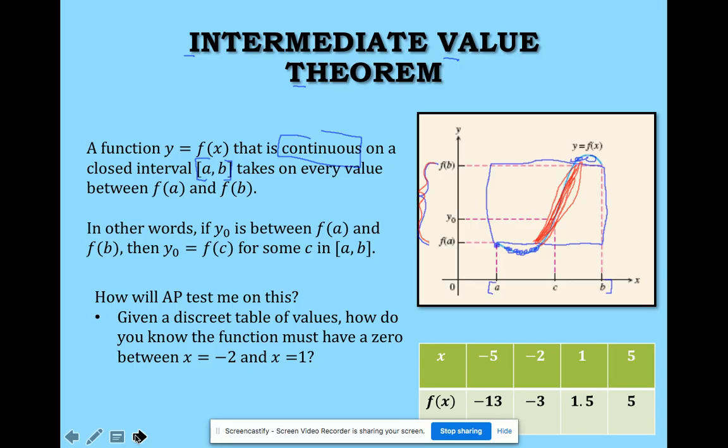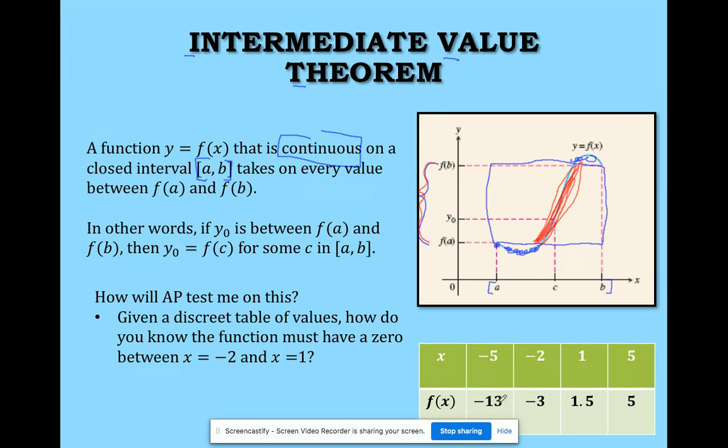So how will AP test me on this? They will never ask you for the formal intermediate value theorem. But they might give you, as part A of a problem or even a multiple choice, a discrete table of values and ask, how do you know the function must have a 0 between -2 and 1?